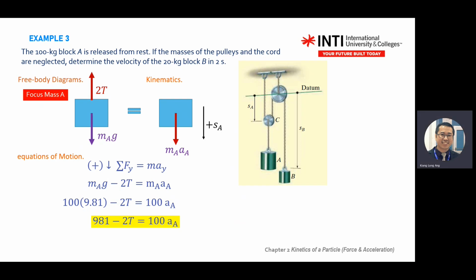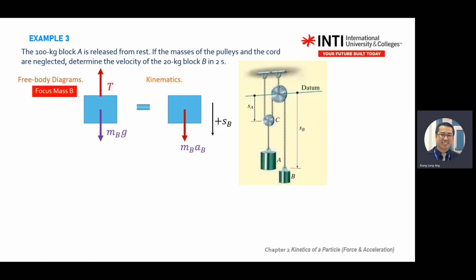You repeat the same for B, and you get one more equation that links T and the acceleration of B. So this is B. You go to your free body diagram and kinetic diagram, F equal to MA. We solve all the forces again. The positive direction for object B is down positive.